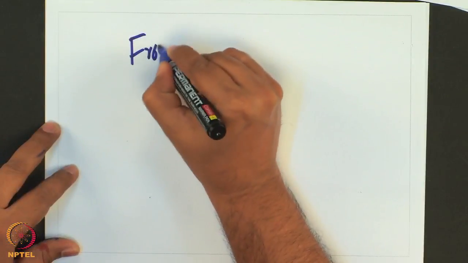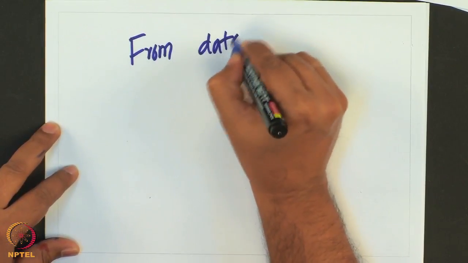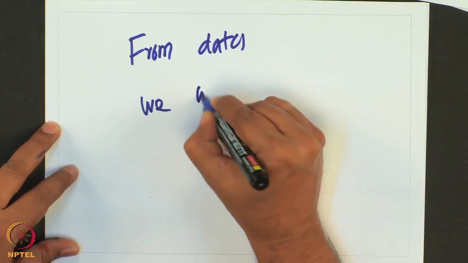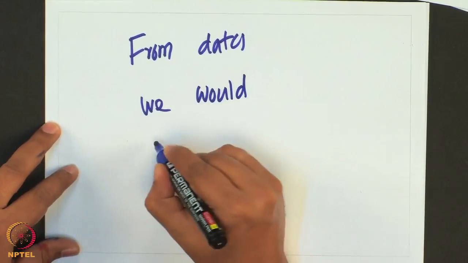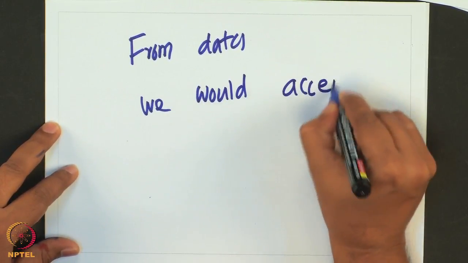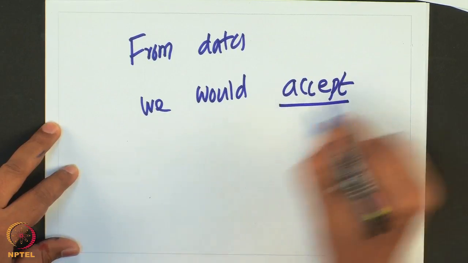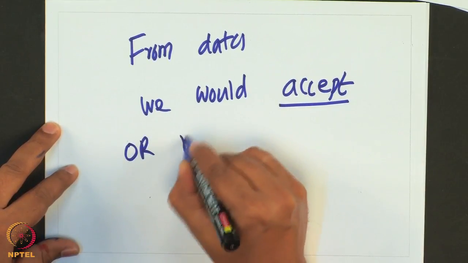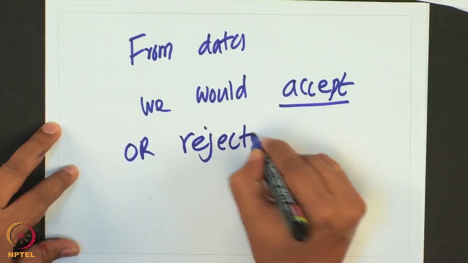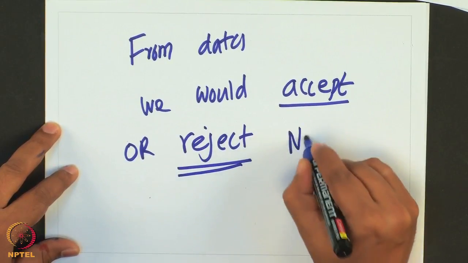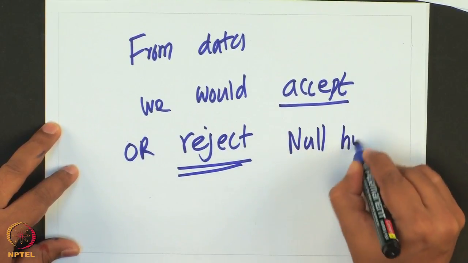From data we would accept or reject the null hypothesis. That is what we would do.